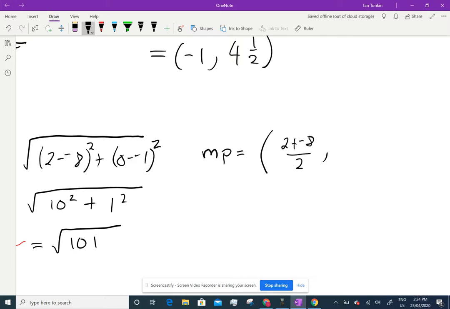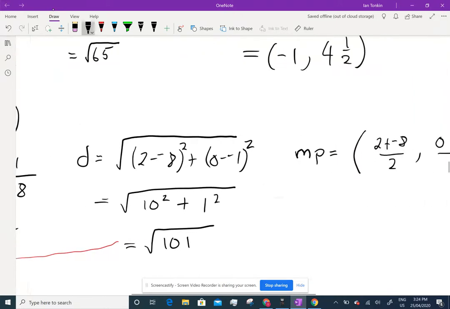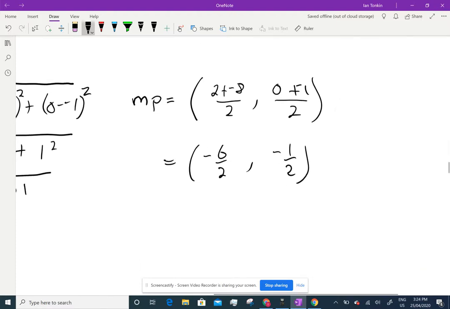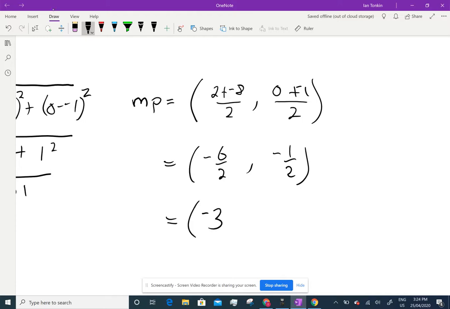And adding the y values. 0 plus negative 1. So what do I get? 2 plus negative 8, negative 6 over 2, and negative 1 over 2. So I get negative 3 and negative a half.